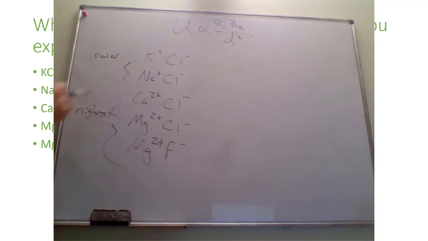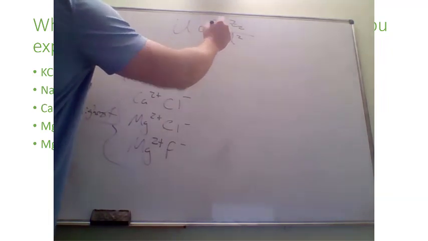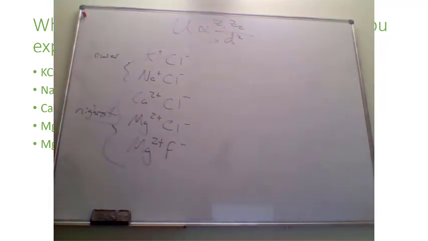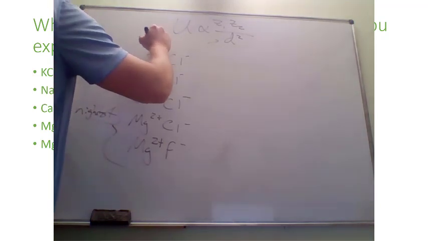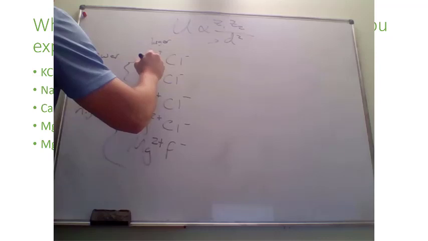So when we're determining which one is going to be our lowest, we then move to our D term. We take a look at the relative positions of potassium versus sodium. If we look at our periodic table, we can see that potassium is lower on the periodic table than sodium. And when you get lower on your periodic table, you get larger ionic radius. So we know that potassium is going to be larger and sodium is going to be smaller.